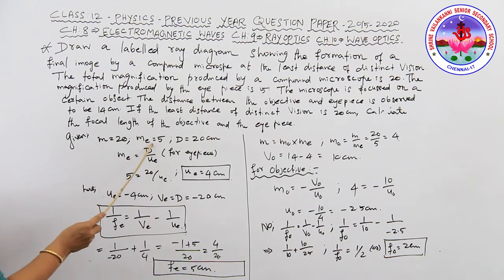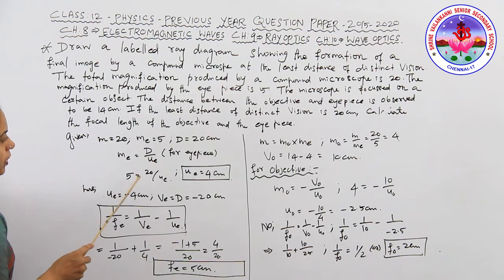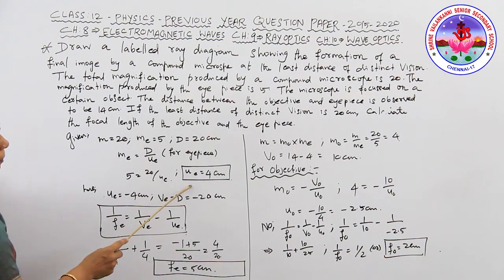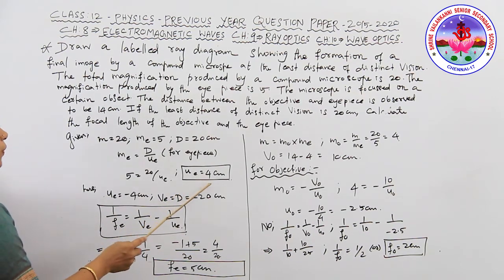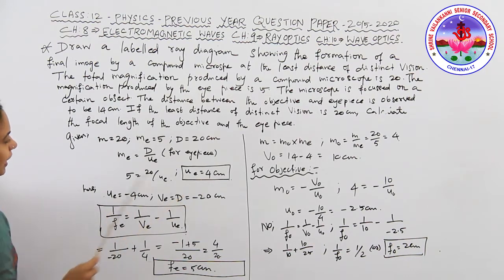So ME, the eyepiece magnification, is 5, which is equal to D, 20, divided by UE. By applying that, we will get the UE value as 4 centimeter. Here UE is 4 centimeter, but we take minus 4 centimeter for the eyepiece.